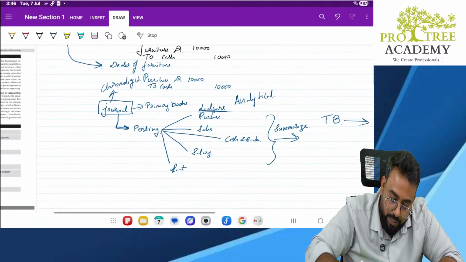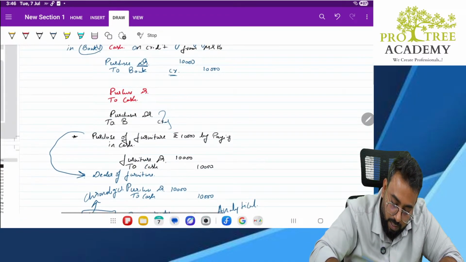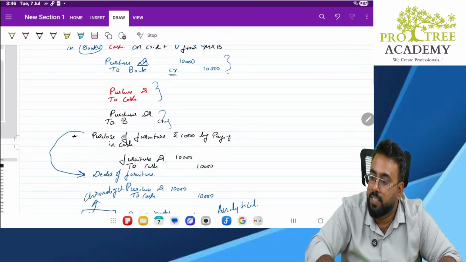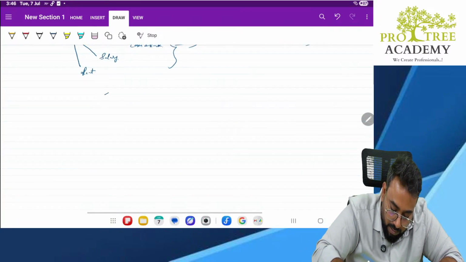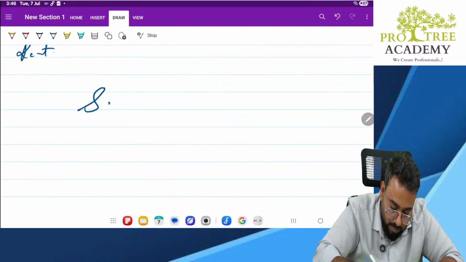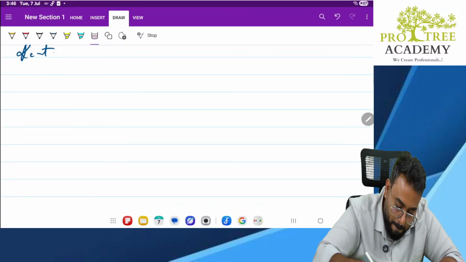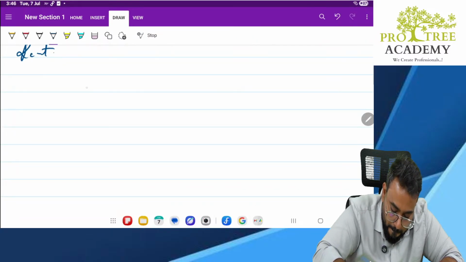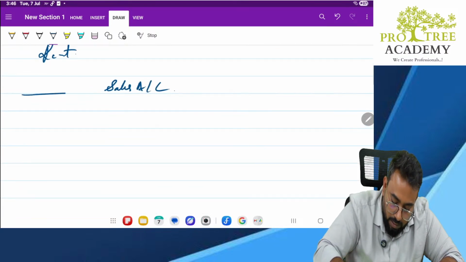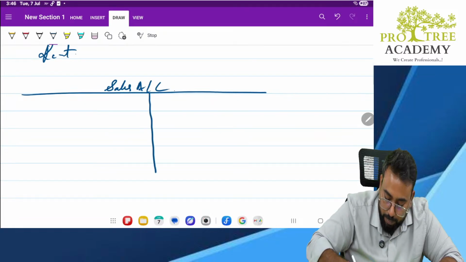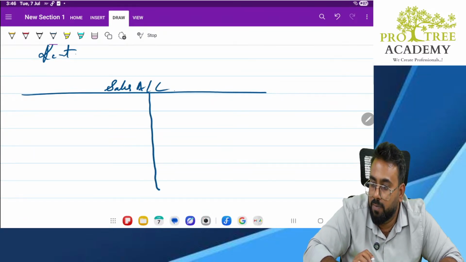Now, this is how your journal entry looks. Clear? Now, let's see how your ledger accounts look. Say, for example, let's take sales account. So, how does your ledger look? Simple T shape. What shape? T. Okay.